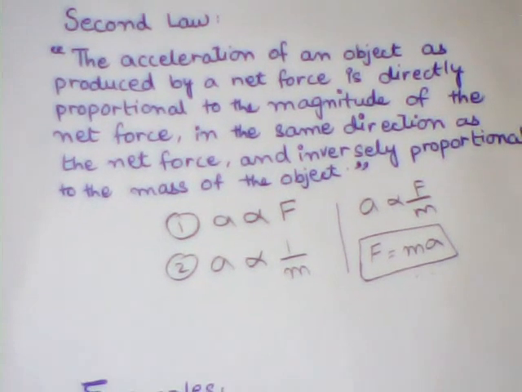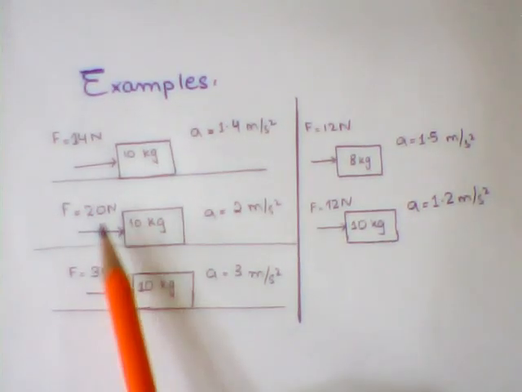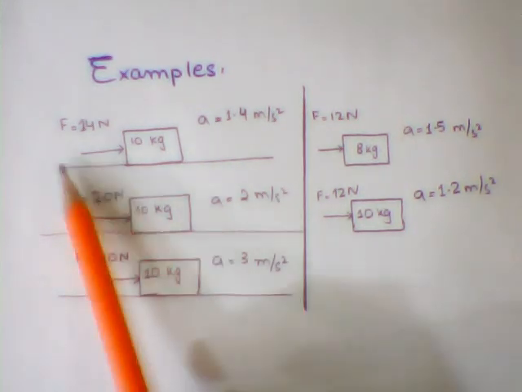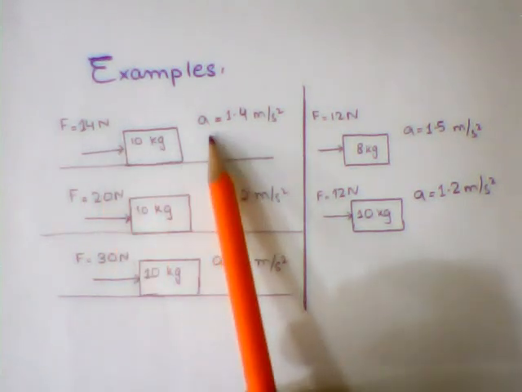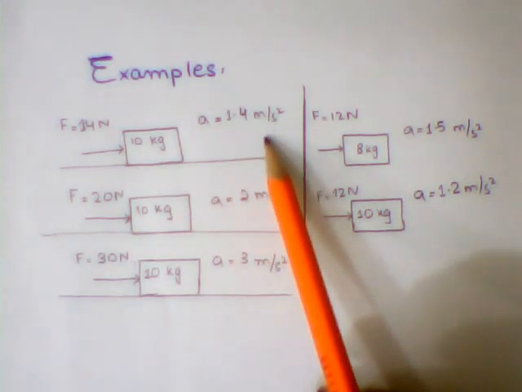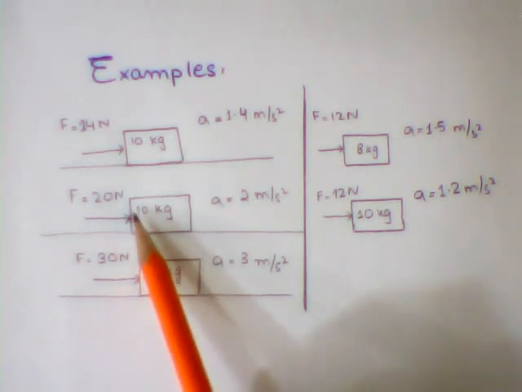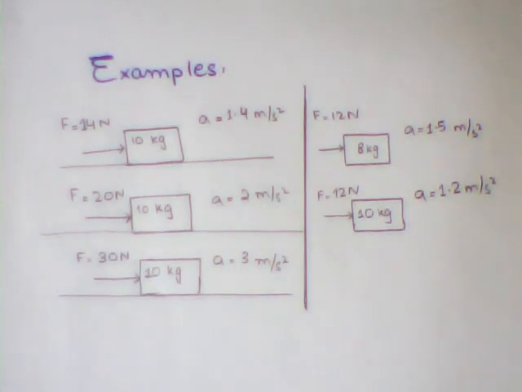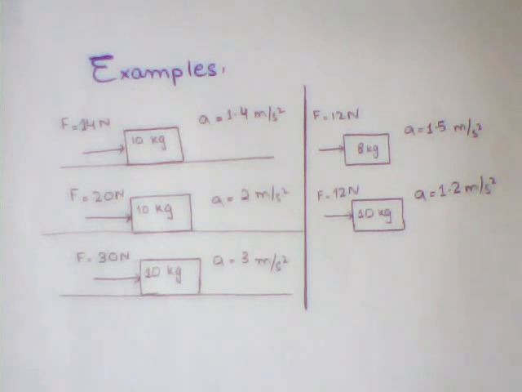Okay, so let's consider some examples. In this example, we have a 10 kg block which is pushed by 14 newtons force. The acceleration calculated here is 1.4 meters per second square. Now if we increase the force to 20 newtons, the acceleration is 2 meters per second square, and the block is accelerated, meaning it moves faster.